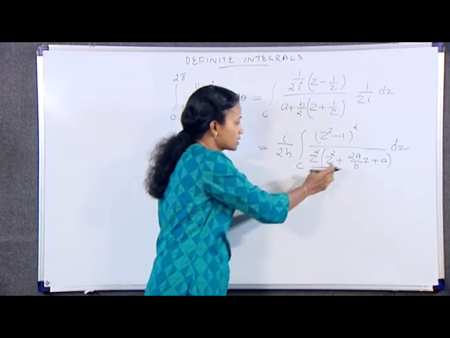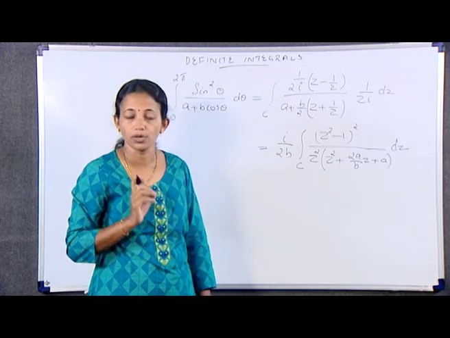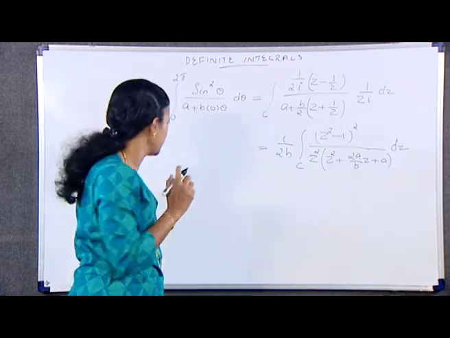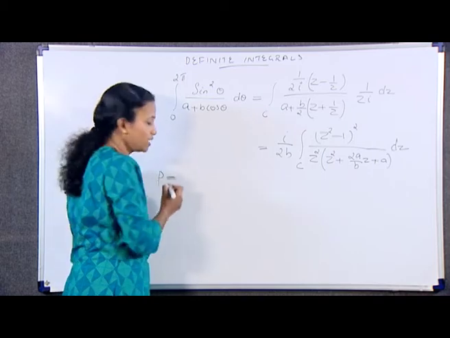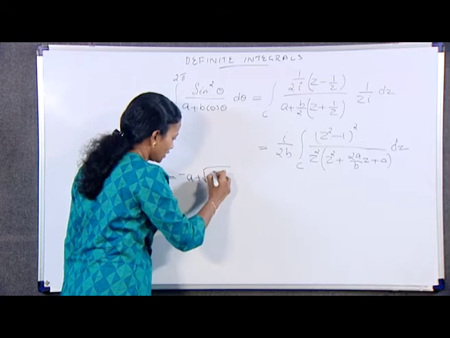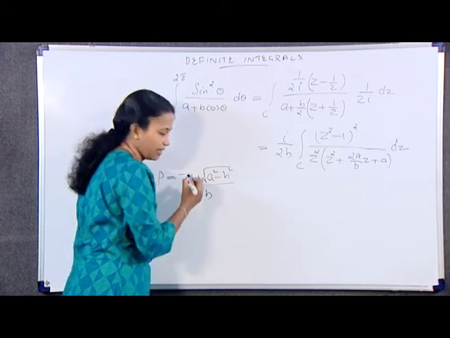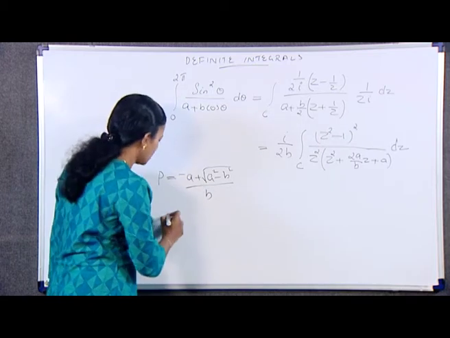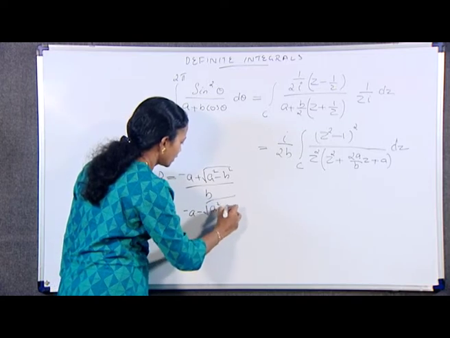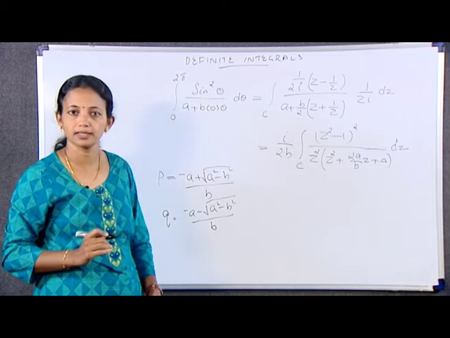Now, z square plus 2a by b z plus 1 equal to 0 yields the values of z as p and q, where p is equal to (minus a plus square root of a square minus b square) by b, and q is equal to (minus a minus square root of a square minus b square) by b. These are the values of p and q.